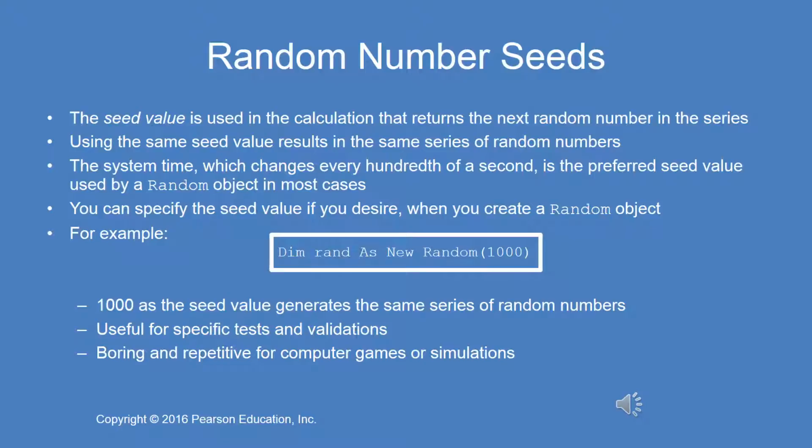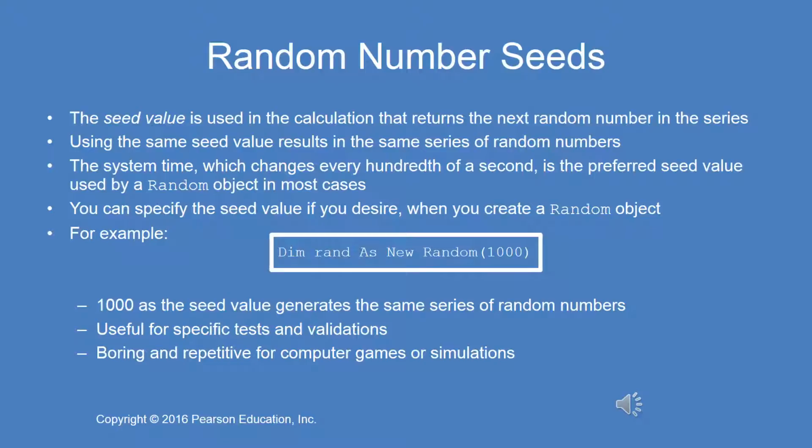And in my opinion, when you include a seed number, which is an optional argument, you degrade the potential of the randomness of the values being generated. Because, go back to point number 2 in this slide, using the same seed value results in the same series of random numbers.